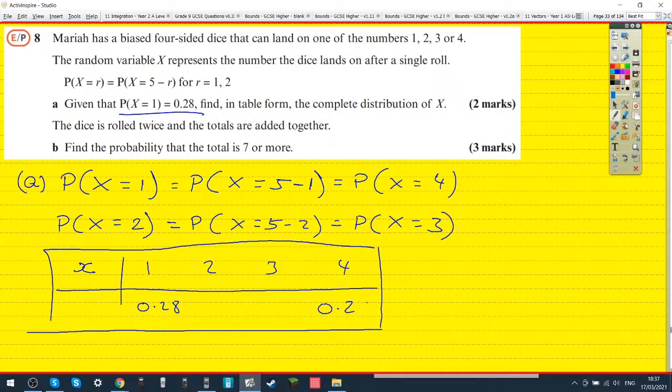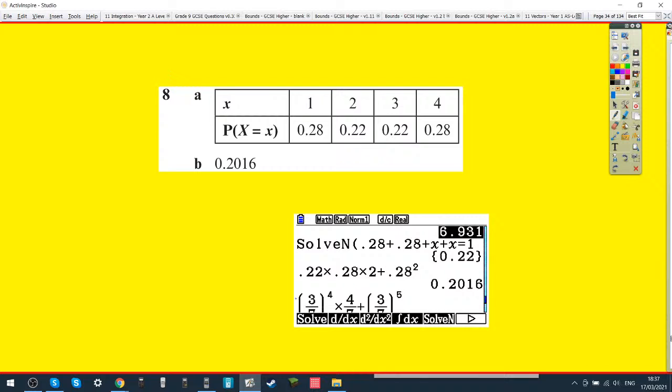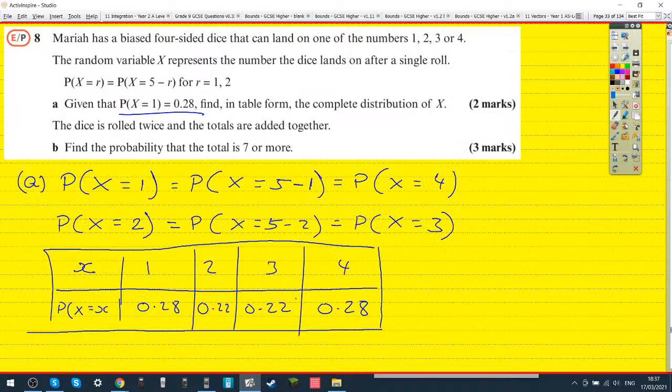How do we get the other two? Add both, and then do 1 minus that result. Go on, give it a go. 0.44 divided by 2, 0.22. 0.28, 0.22. Great.